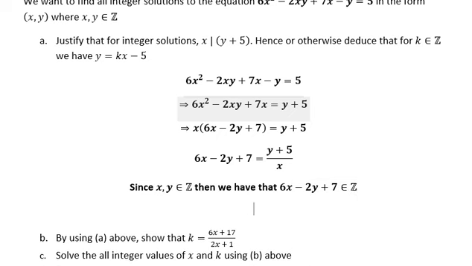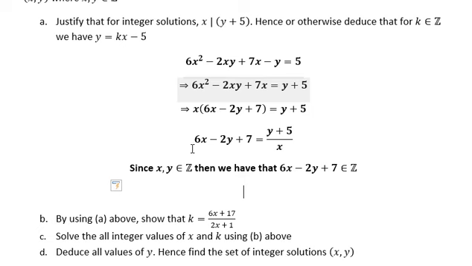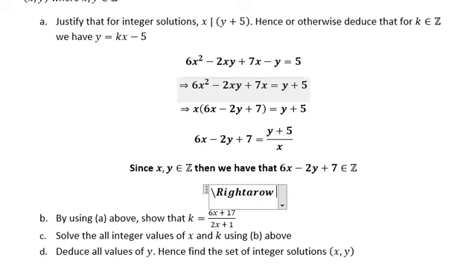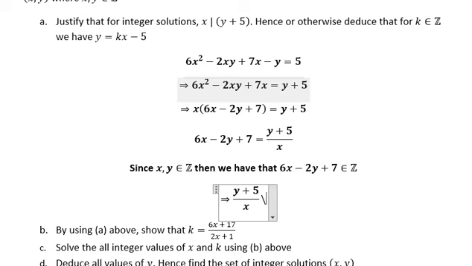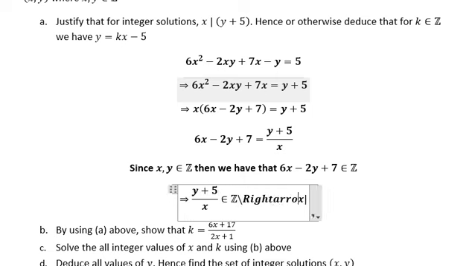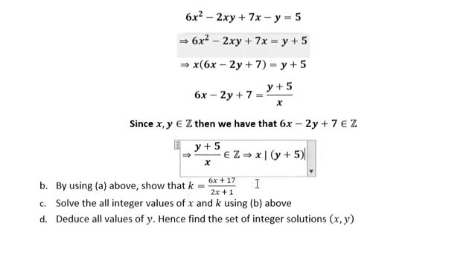And since 6x minus 2y plus 7 is an integer, it therefore means that the right hand side, which is y plus 5 divided by x, will also be an integer. For this to be an integer, x must clearly divide y plus 5, because if x is not able to divide y plus 5, then that is not going to be an integer. So x must divide y plus 5, and we have proven the first part.